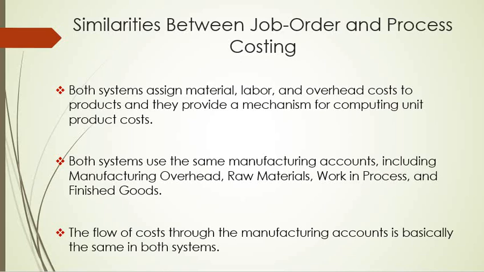They're both going to use those account names: manufacturing overhead, raw materials, work in process, and finished goods. Remember, those are all asset accounts. You'll increase those with a debit, you'll decrease with a credit. So it's basically the same; the cost flows between the two types of costing systems.